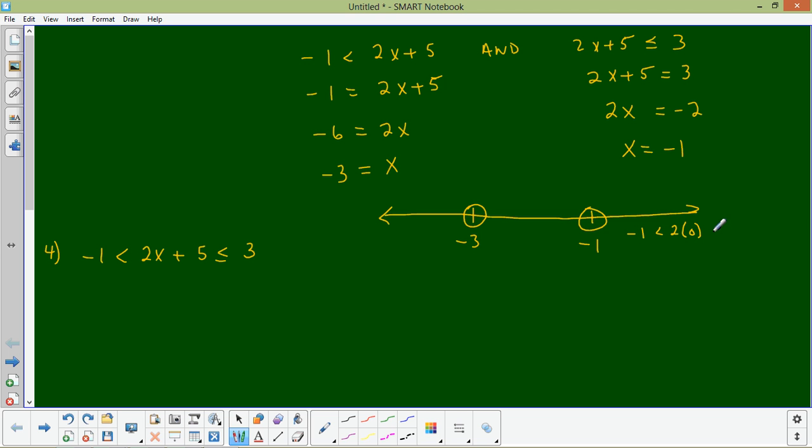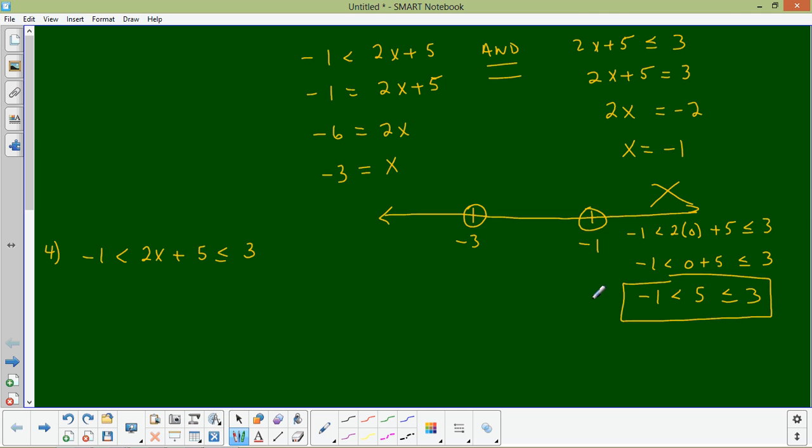When I test that number, we get negative 1 less than 0 plus 5, less than or equal to 3. So I get negative 1 is less than 5. Well, that's true. But is it less than or equal to 3? And remember, because of the word and, both inequalities have to be true. So numbers up there do not work.